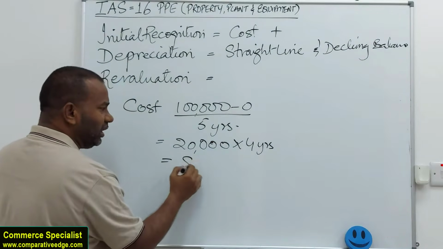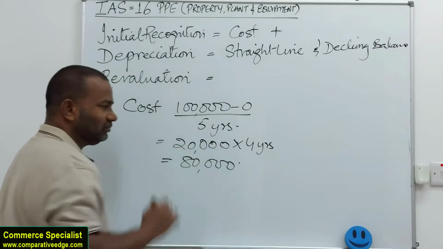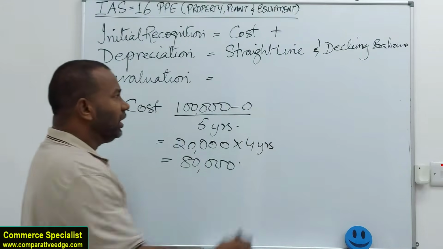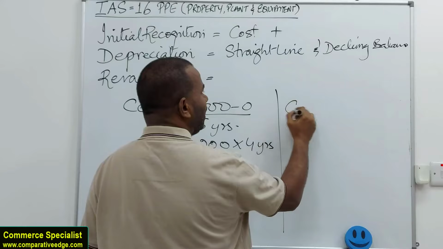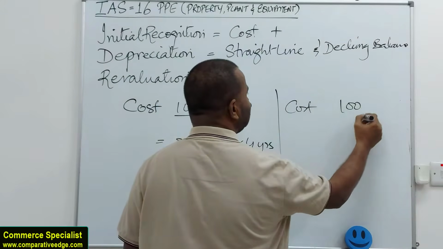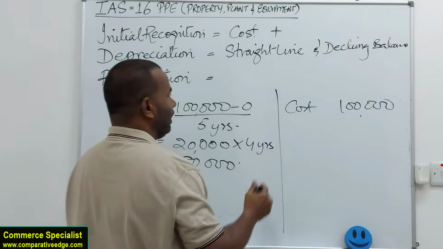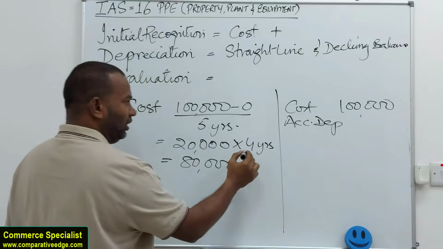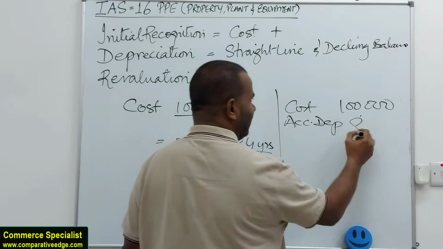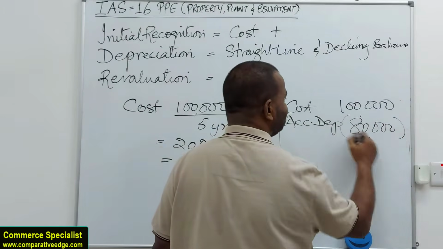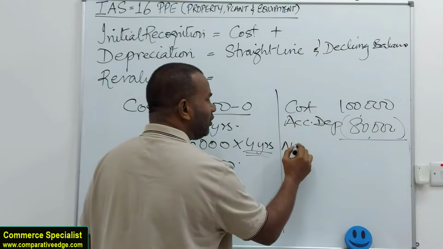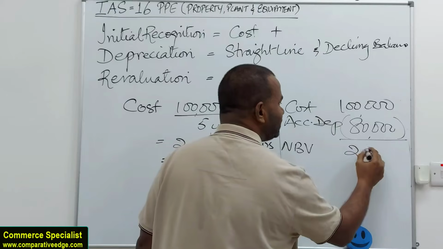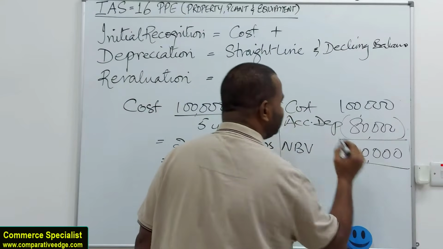So what would be the total depreciation? 80,000. So if I put the details here, the cost is 100,000. The accumulated depreciation, all these 4 years, is 80,000. What is the net book value? Just 20,000 left.